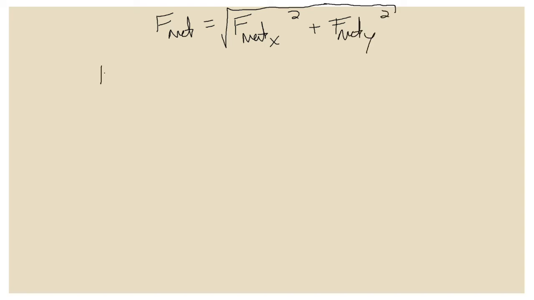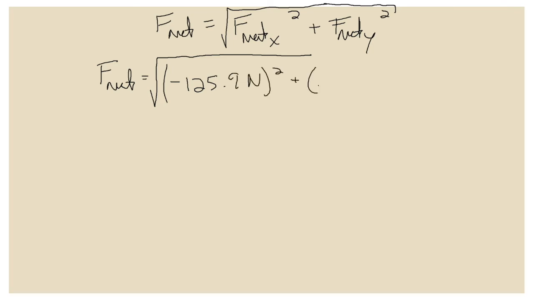Plugging in the numbers, we have F net equals the square root of F net x, which is negative 125.9 newtons, squared, plus 627.8 newtons, which is our F net y, squared.